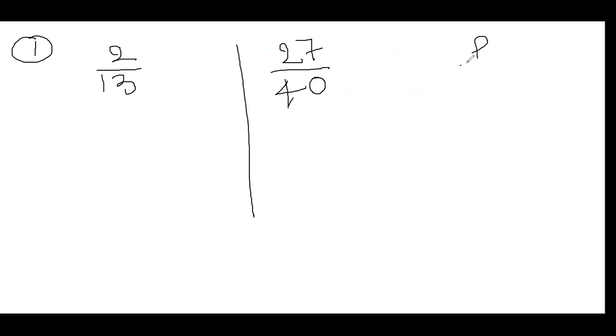Terminating means your number should be p by 2 to the power of m and 5 to the power of n. If you are able to write it in this form, then you can decide that the number is a terminating decimal. If not, the given fraction is not terminating. Who will give the answer for this question?